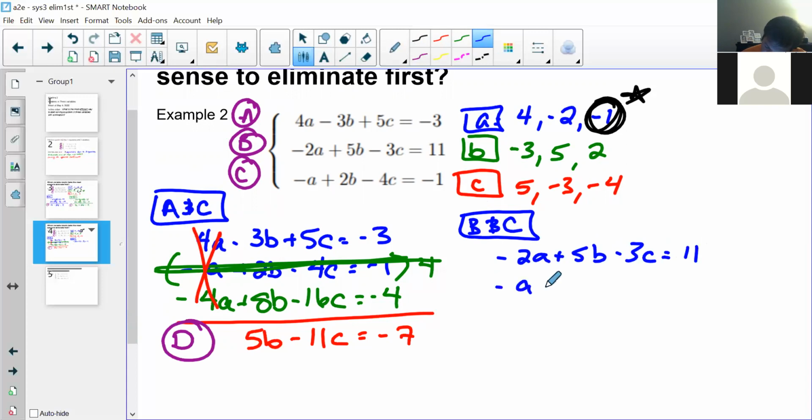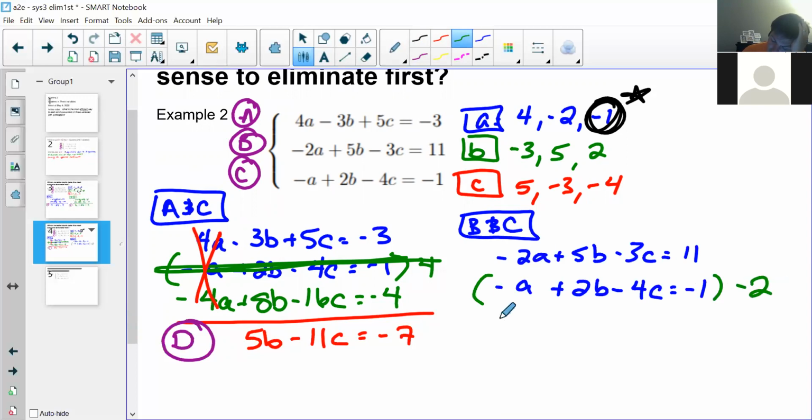And again, jot down equation C. I don't have opposite coefficients there. However, we know we're trying to eliminate the letter A. So I need to manipulate that equation and get, in B, it's -2. So I need a +2 right here. So I actually have to multiply everything by -2.